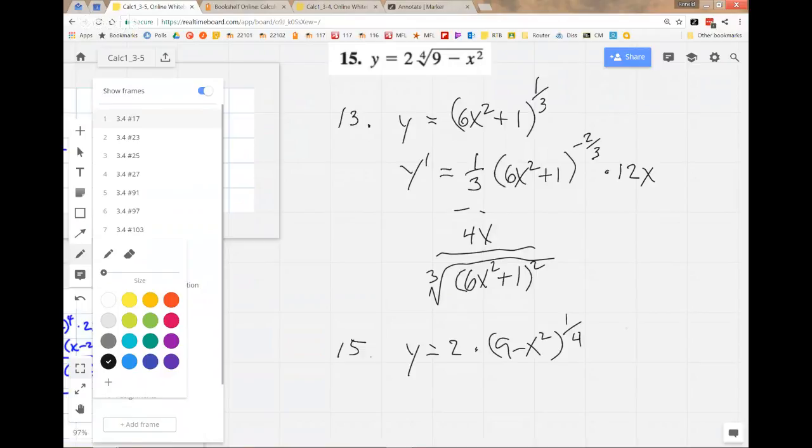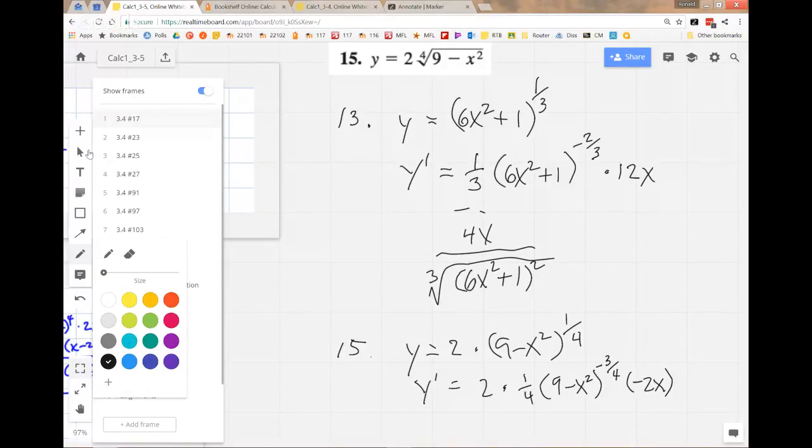And now we have a product rule. So the first times the derivative of the second. So now we have to do that power rule first. Reduce the power by 1, chain rule, negative 2x. So that's the first times the derivative of the second.